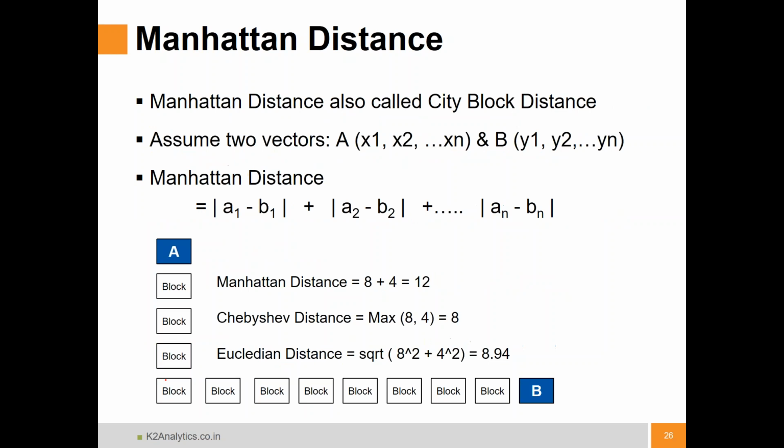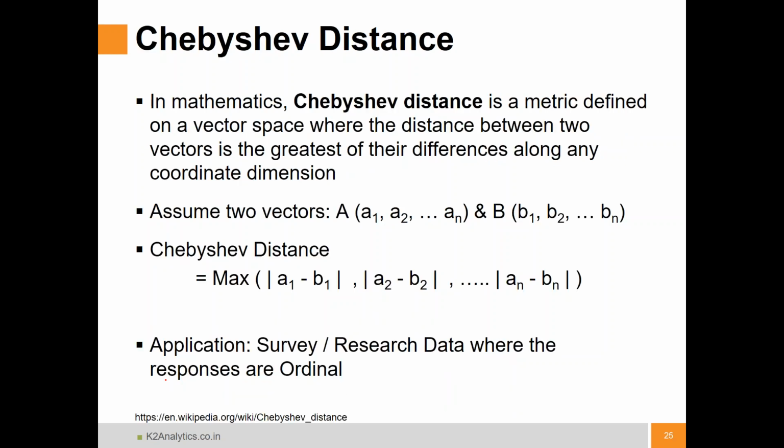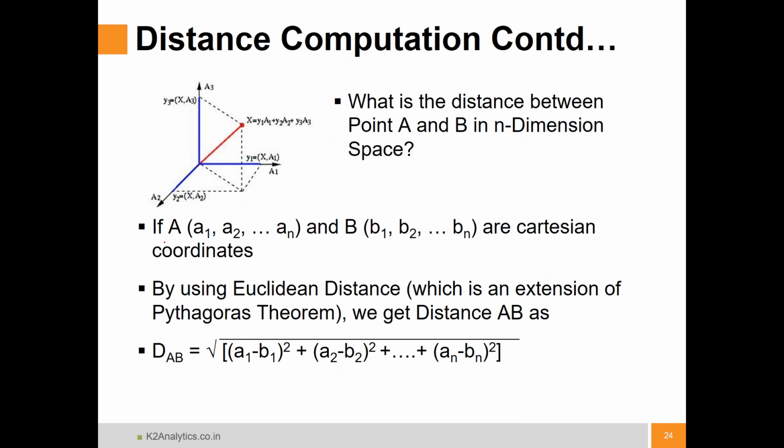And the final distance is Manhattan distance, also called city block distance. Before I go to that, I forgot to make one statement about when to use which. Most of the time, wherever we do customer segmentation, store segmentation, village affluency, those kinds of problems, we are going to use the Euclidean distance technique.